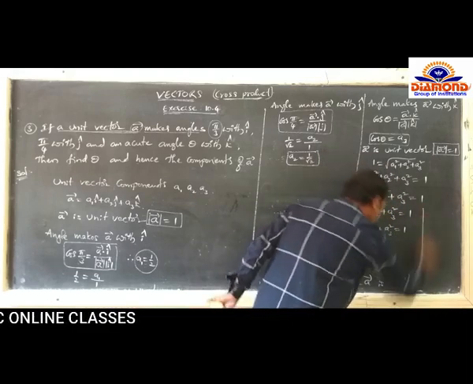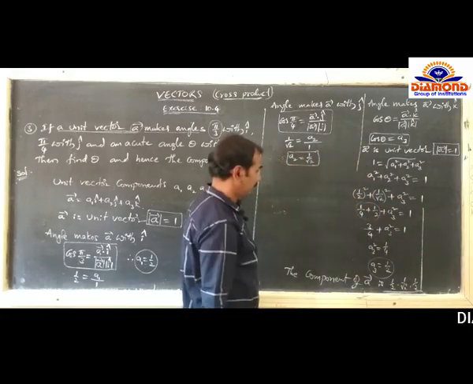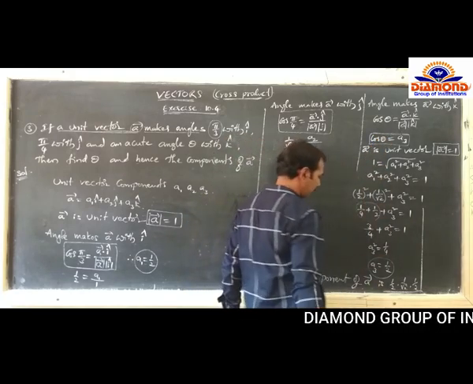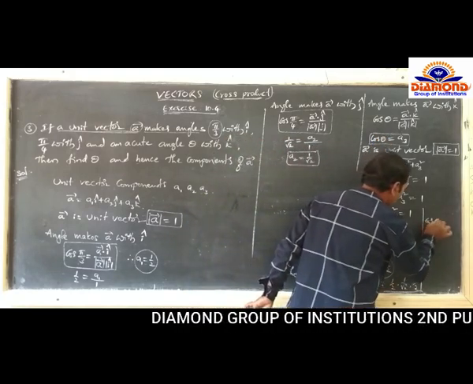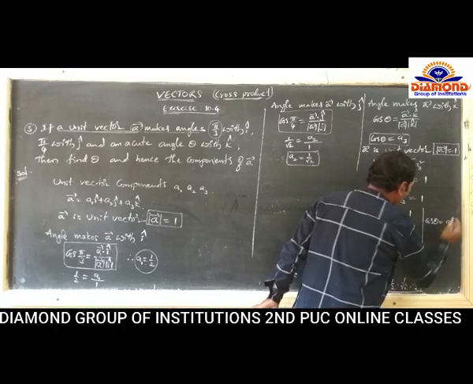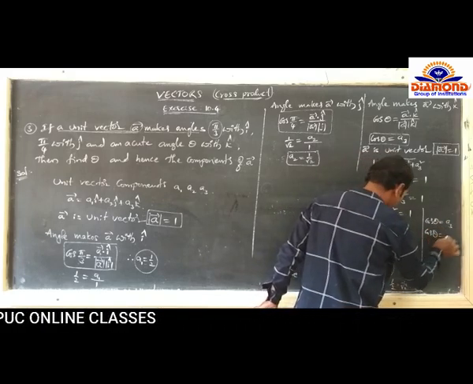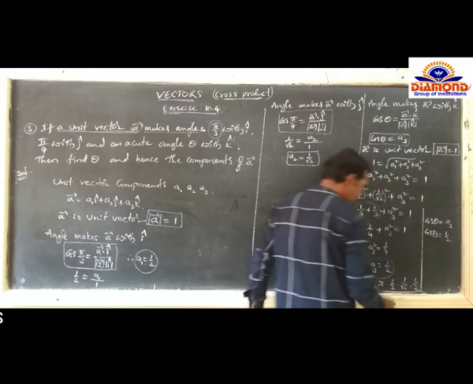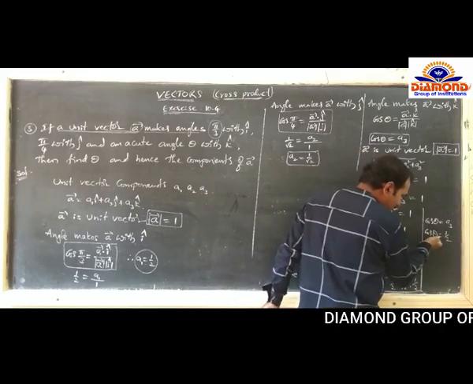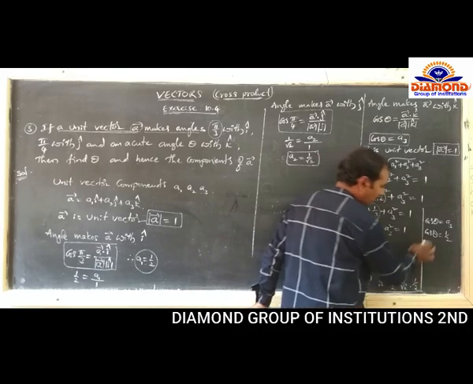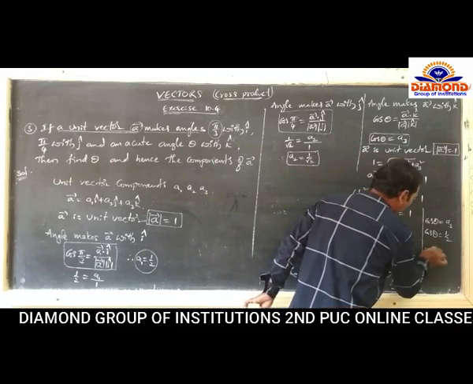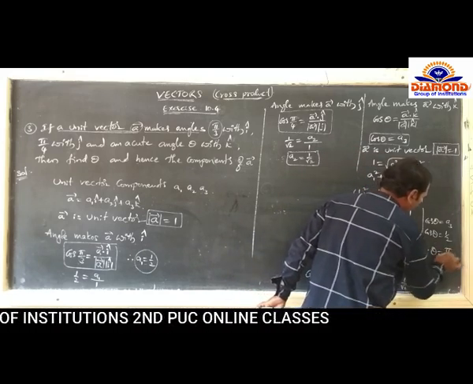Okay, next, the theta value. Cos theta equals a3, and we know a3 is 1 by 2, so cos theta equals 1 by 2. Which angle has cos value 1 by 2? Cos 60. Therefore theta equals pi by 3.